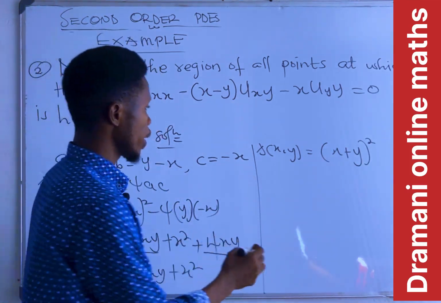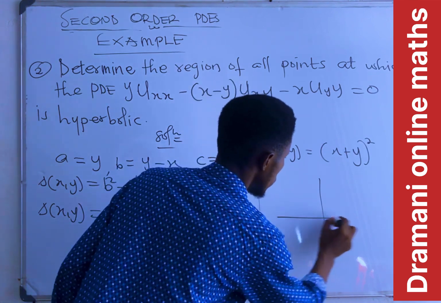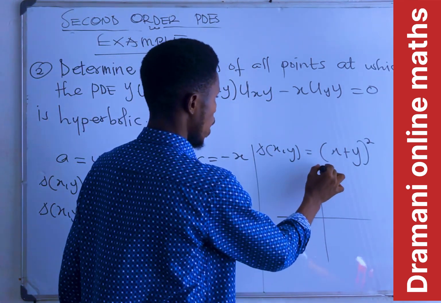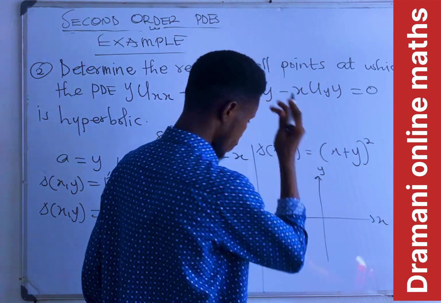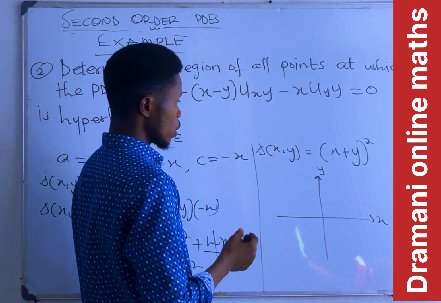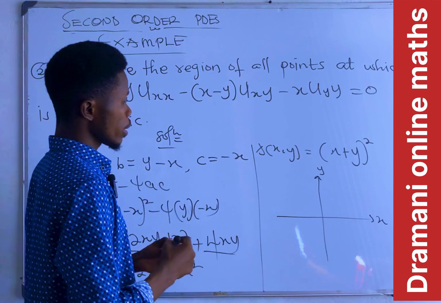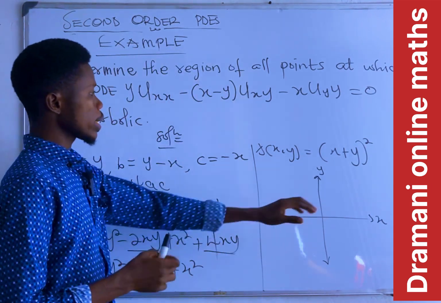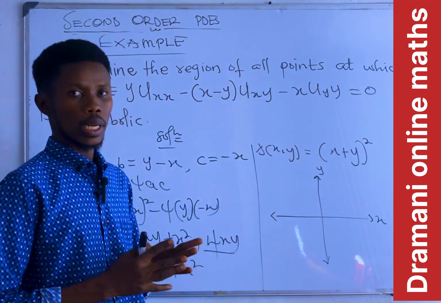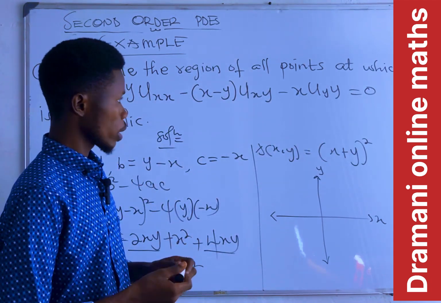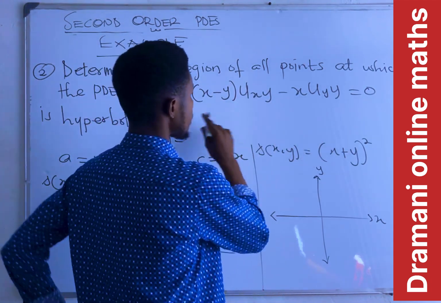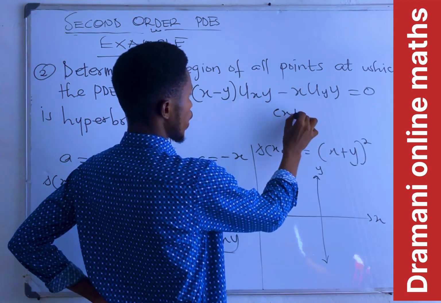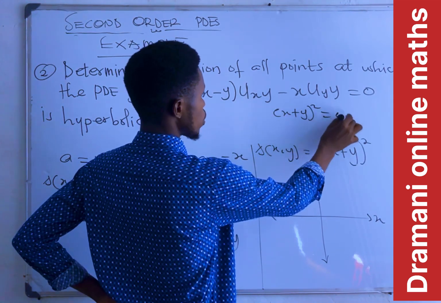So we identify this one in the graph. This is my y and this is x. Let's consider this to be parabolic. If this is parabolic, it means that x plus y squared equals 0, right?